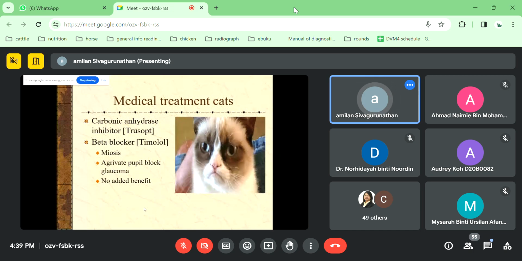Medical treatment of cats, you have to be careful on the drugs that are used. Some alpha-2 agonists are toxic to cats. So there are some products that should not be used in cats for glaucoma. Carbonic anhydrase inhibitors are safe and beta blockers are safe. However, sometimes the effects can be limited.